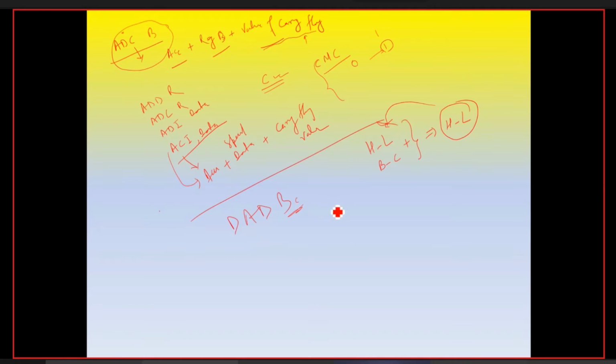So this DAD B. Suppose we have LXI H, 2400H, LXI B, 3000H, and we apply DAD B. What will be the value of HL after this instruction?